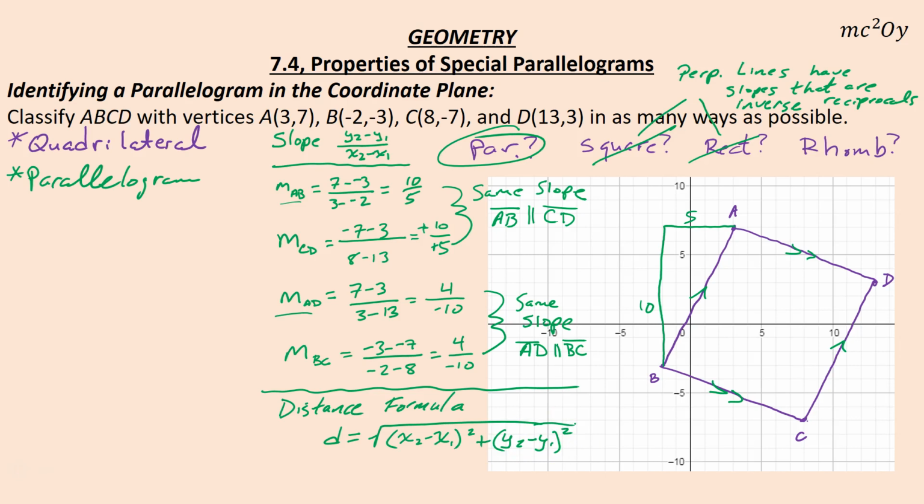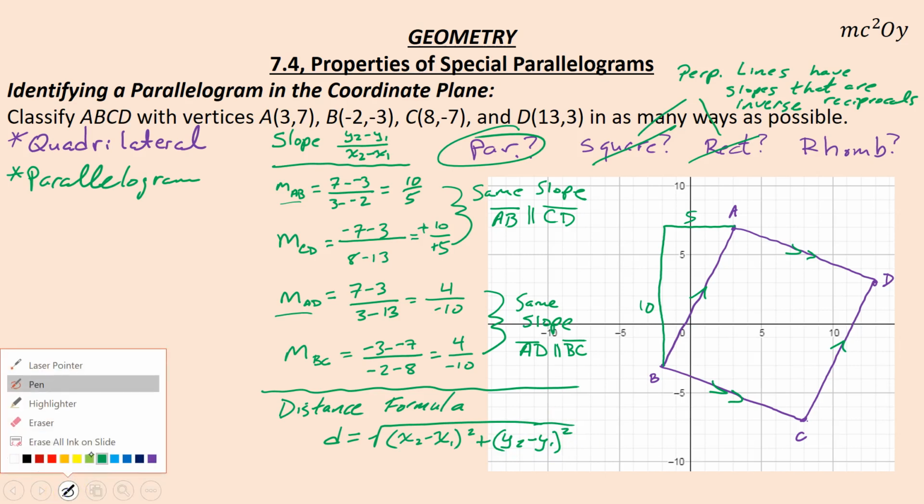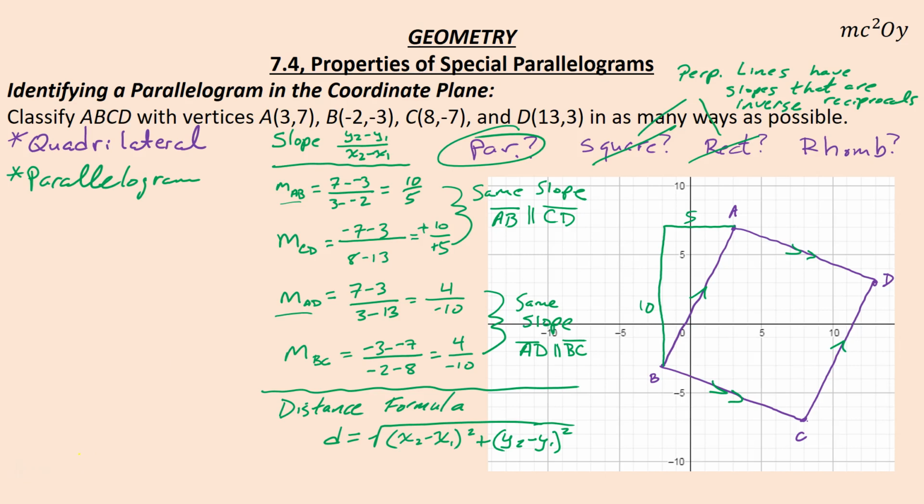Okay, and what I want to point out here, and the reason I didn't simplify up above, is because if you've already done the slope formula, there's y2 minus y1. Let's go to my highlighter here.